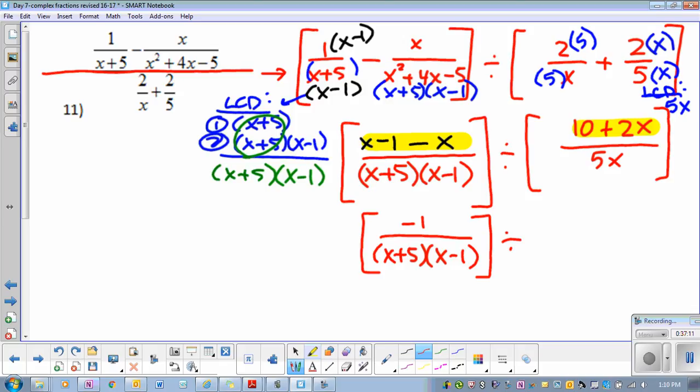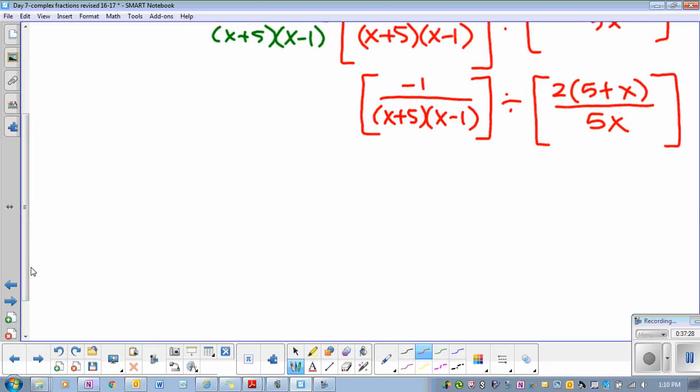Divided by 5 plus x over 5x. All right, so now let's do our same times flip. So the first one stays the same.